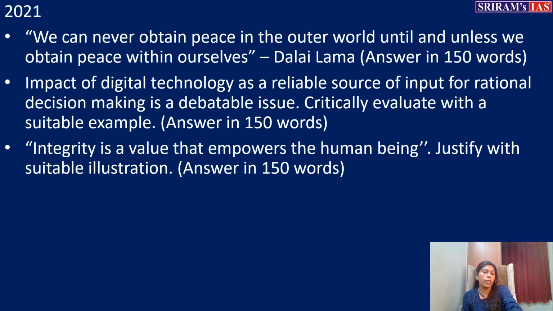See, this impact of digital technology as a reliable source of input for rational decision making is a debatable issue. I already told, the traditional part will be repeated, the same answer will be applied. It's sufficient to write with a little modification. But the dynamic area will be a totally different section. But even then, both are digital technology only. Here they are talking about decision making, the information which they are giving in case of decision making.